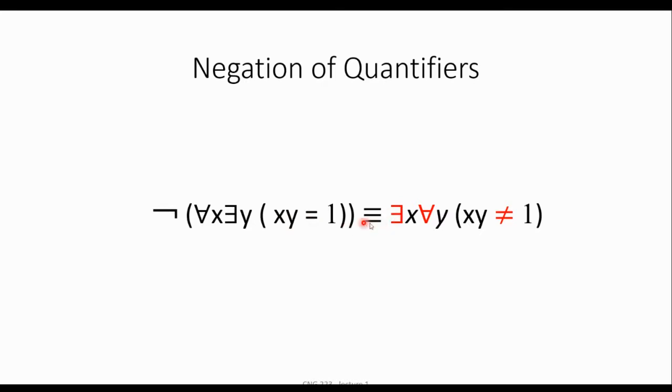This one is equivalent to the following. So you see, for all changes to there exists. Whenever you apply negation to for all, it changes to there exists, and whenever you apply it to there exists, it changes to for all. It's pretty easy. You can simply negate this one with there exists and vice versa.